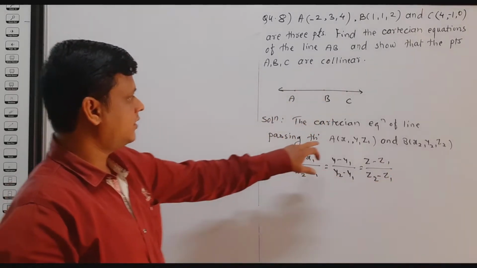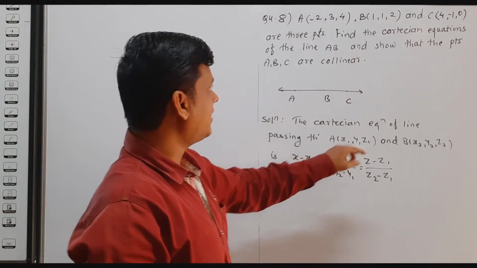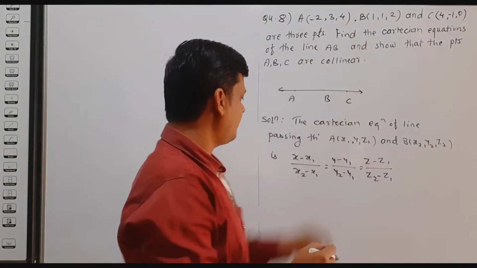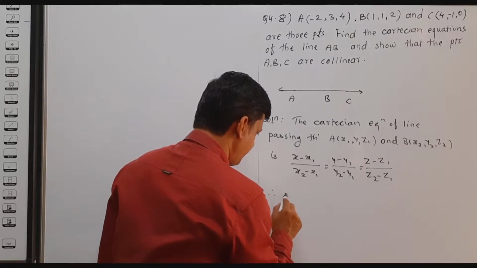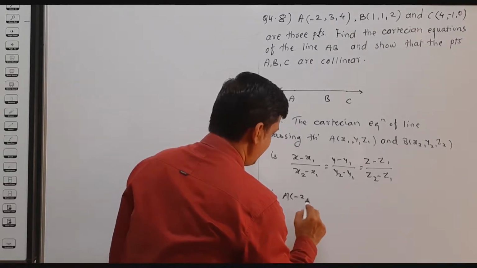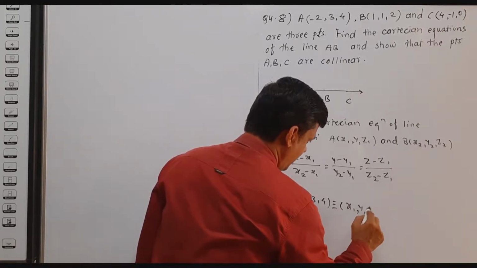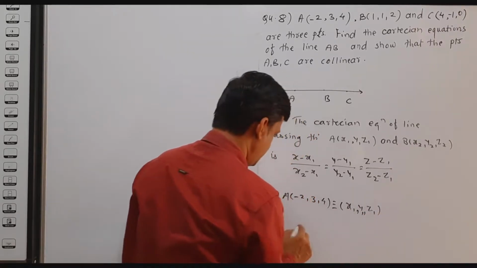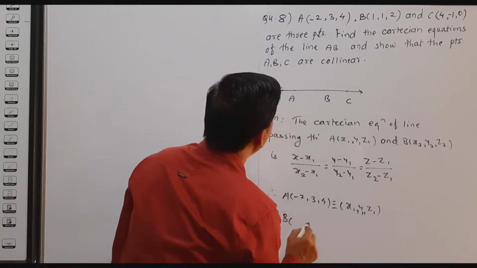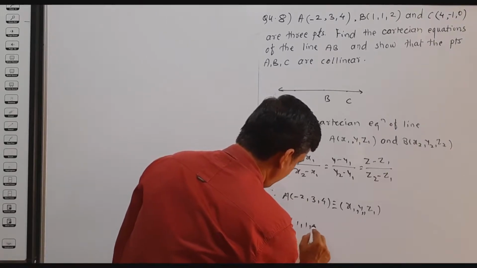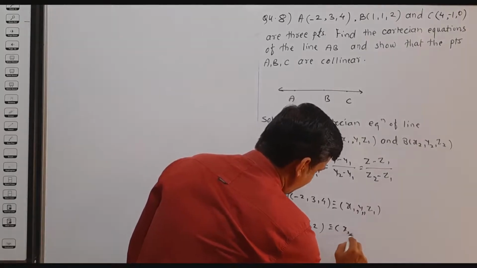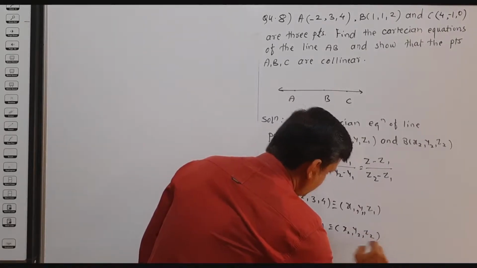So here the coordinates of point A are -2, 3, 4, so we write A(-2, 3, 4) as x1, y1, z1, and the coordinates of B are 1, 1, 2, that is we consider x2, y2, z2.